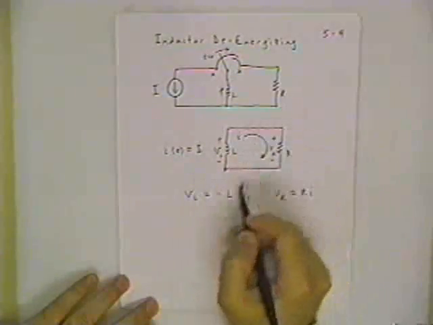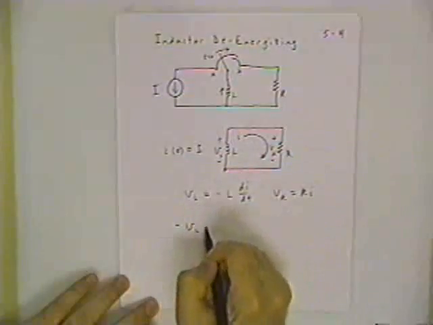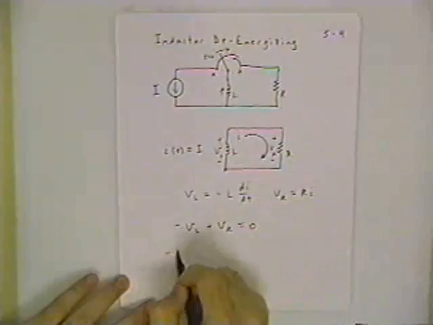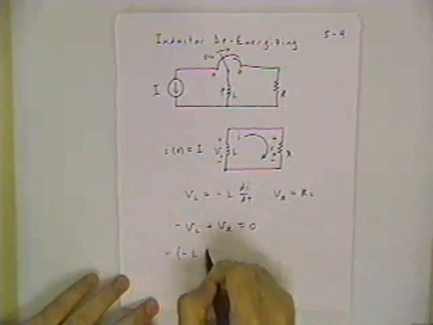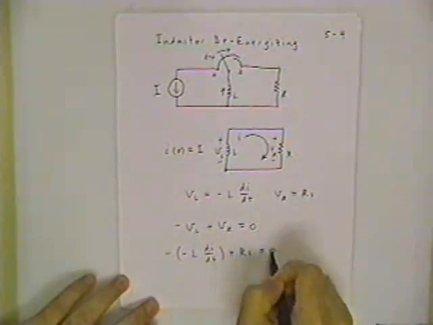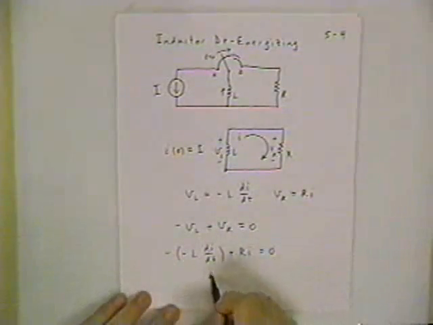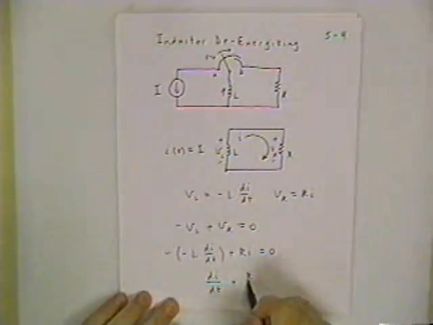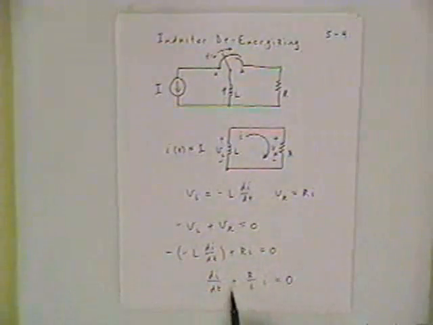Start at this node, go around clockwise. Minus V sub L plus V sub R equals 0. Minus L di/dt plus R times I equals 0. And now we get our first order differential equation that reads di/dt plus R over L times I equals 0.